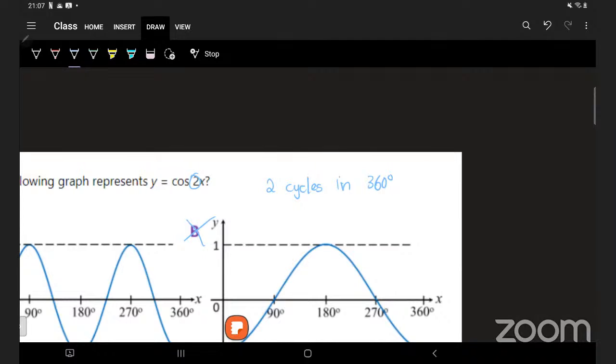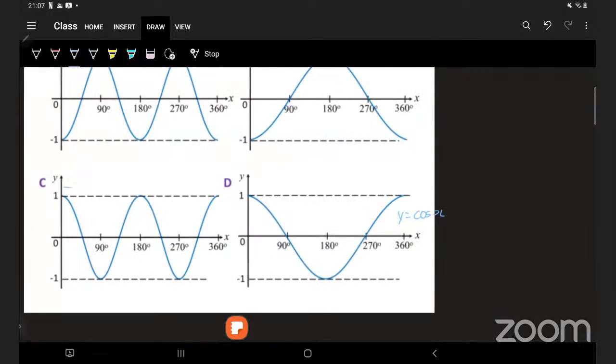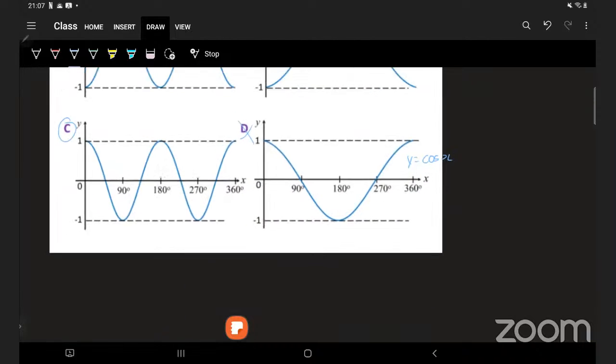For example, cosine kx, that's the general formula, means k cycles in 360 degrees. So in 360 degrees, the pattern repeats twice. We can see one pattern there, and then here, another pattern. So there are 2 patterns. So we can eliminate D, and conclude that our answer is C, because there are 2 cycles in 360 degrees.